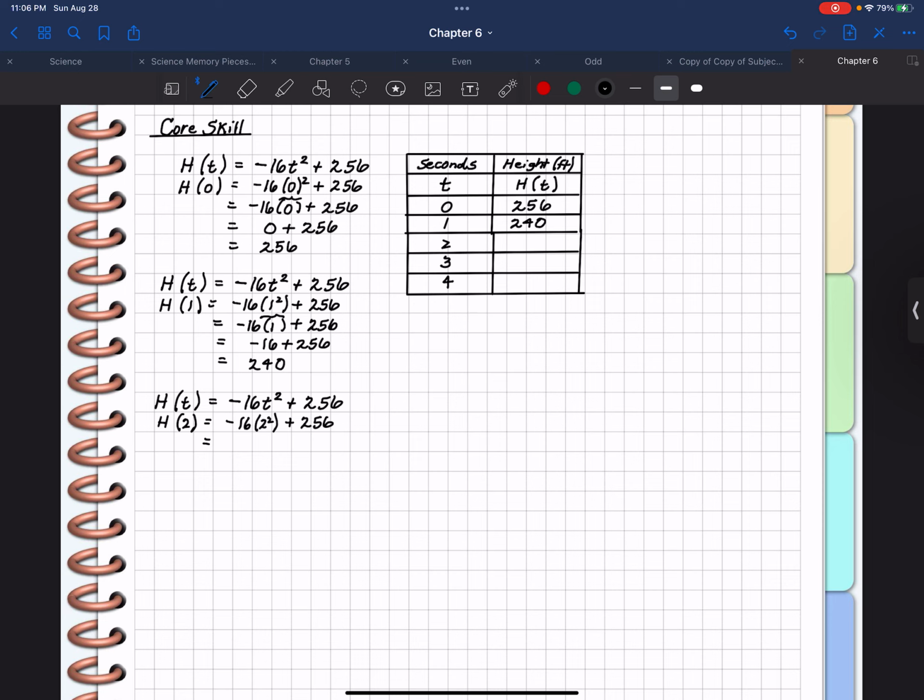So this is going to be 4 times negative 16, and that is negative 64 plus 256. I'm not this late at night. You guys know that I cannot add and subtract in my head if it's not lined up. So 192.